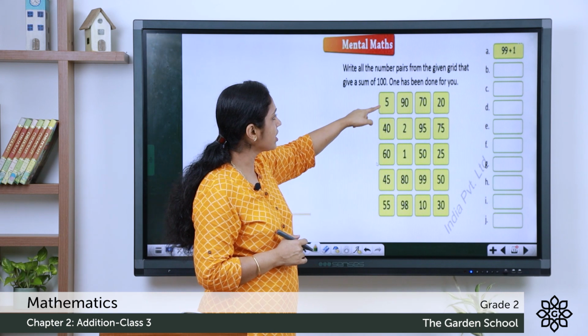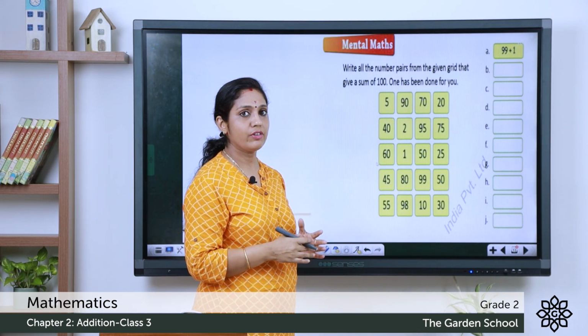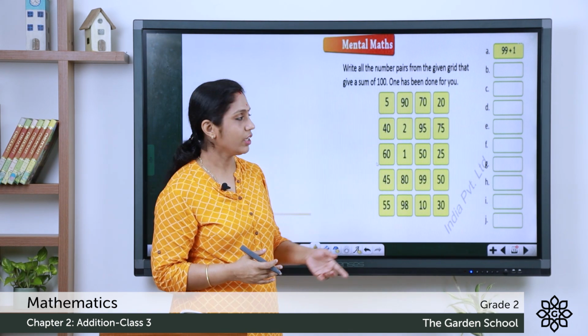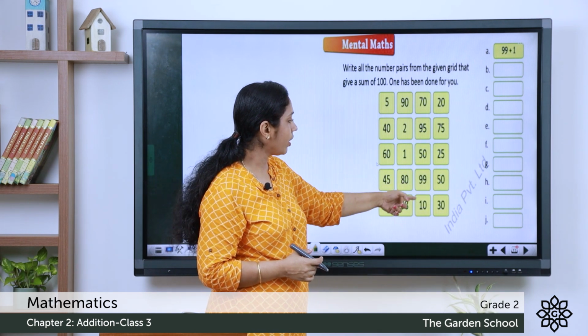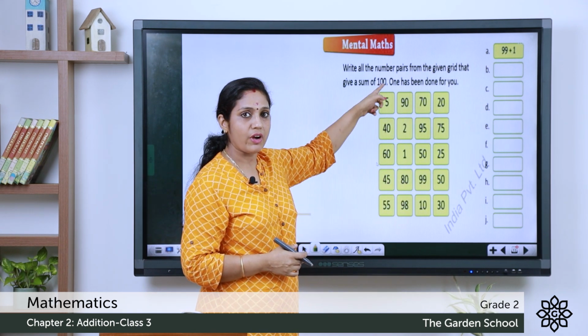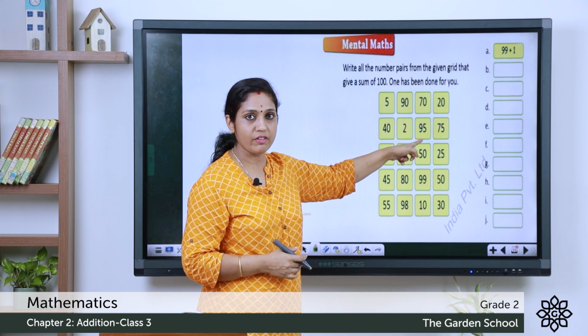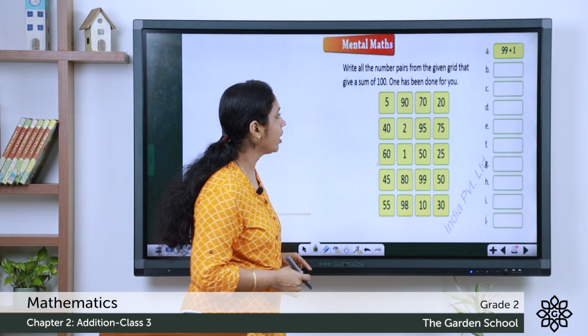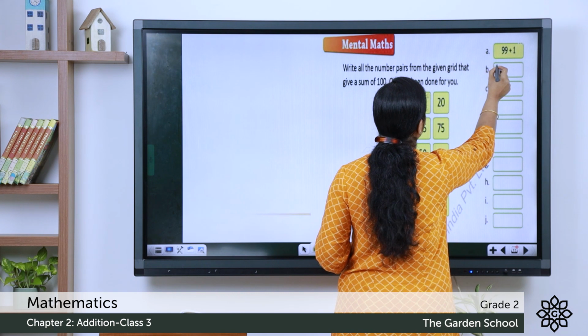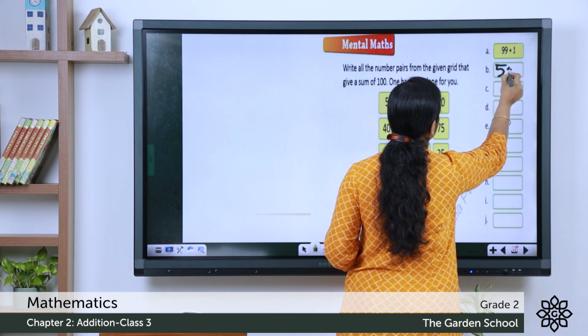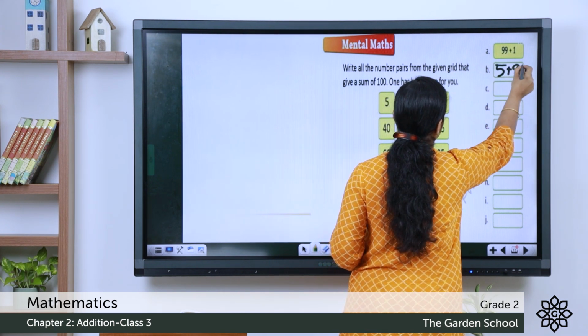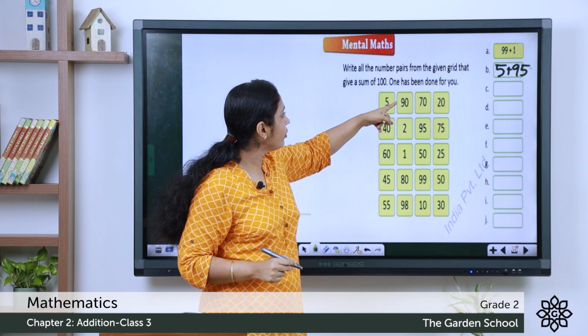So let's take the first number 5. 5 plus dash gives 100. You can take from these numbers. So 5 plus 95 is 100. So you can write it down there. Now we have 90.